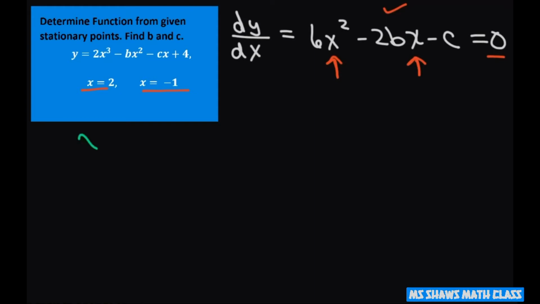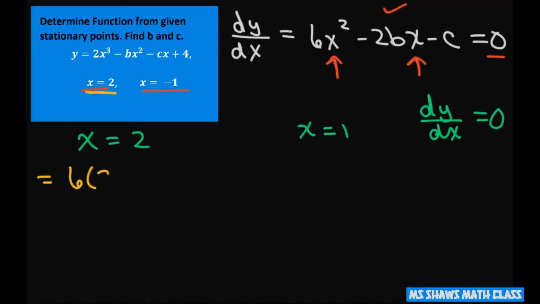When x equals 2, dy/dx equals 0. So just plug in 2. We get 6 times 2 squared minus 2b times 2 minus c, and that equals 0.